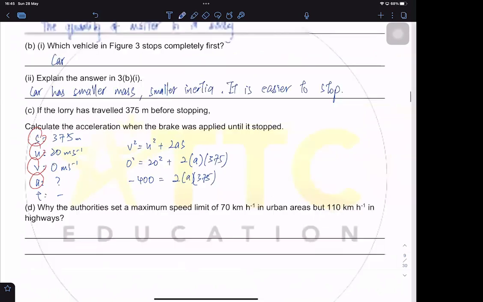So can you get what is A for me? How much is the A? Calculate A for me.